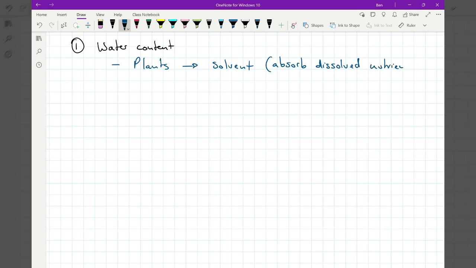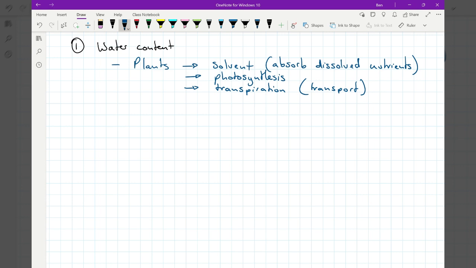And we talked about how important water was at the start of the course. They need it for photosynthesis, so it's pretty important for that. And they need it for transpiration, which is for transport of these dissolved nutrients from the soil up to where they're needed.